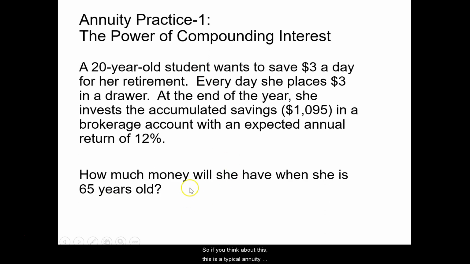If you think about this, this is a typical annuity question, actually a typical future value of annuity question. Between now and then, there are 45 years, and every year a payment of $1,095 with an interest rate of 12%.